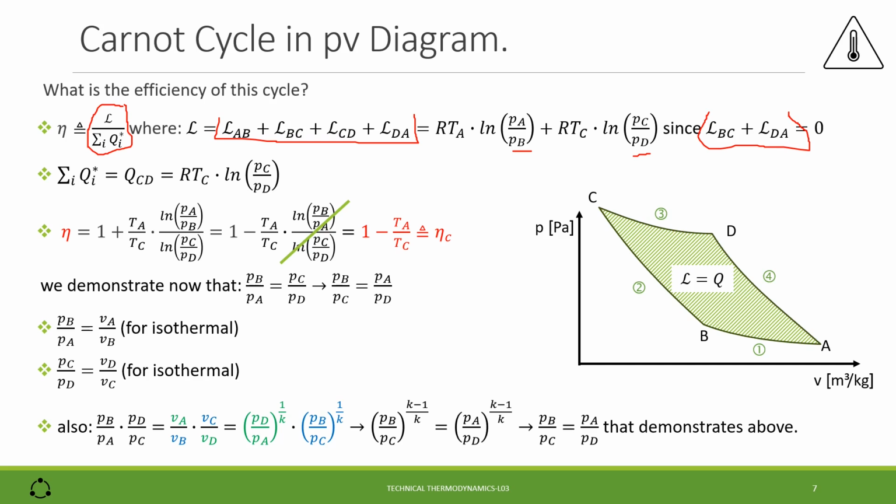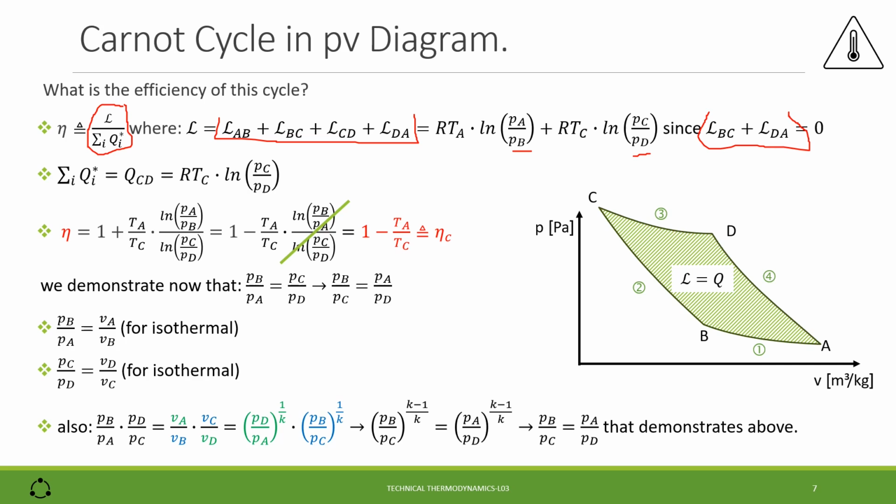But if we consider the cross ratio in green, this is an adiabatic transformation, which is equal to the ratio of the pressures to the power 1 over k, as well as if we consider the cross ratio in blue, it is still another adiabatic, which is equal to the ratio of the pressures to the power 1 over k.